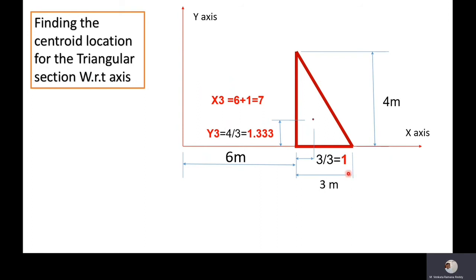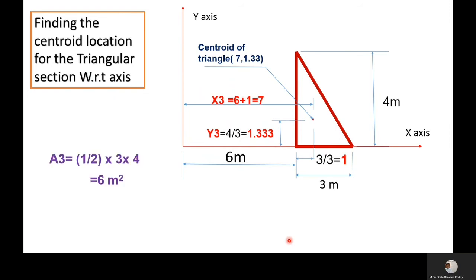Then we have to calculate the area of this triangle. Area is equal to 1 by 2 into b into h, which is equal to 6 meters square. Then x3 is equal to 7 and y3 is equal to 1.33 meters.